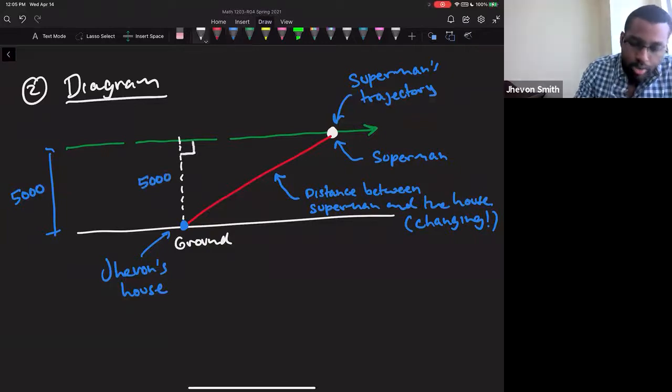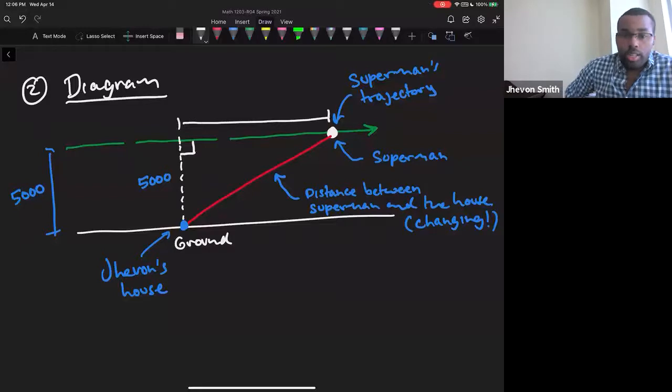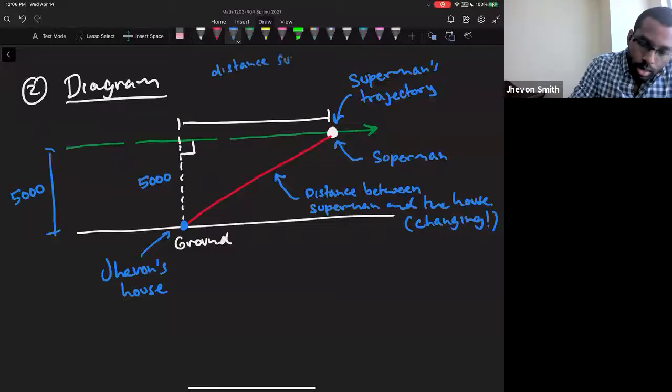And what I just did was I created a right triangle, in which case this distance here is also changing. So this is the distance Superman traveled since passing over the house.